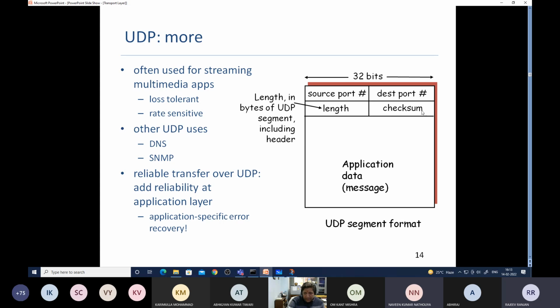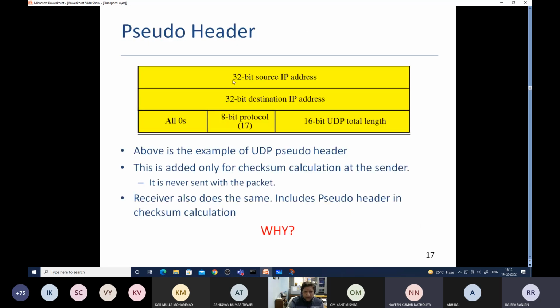But while we are calculating the checksum, we include these fields known as the pseudo header: 32-bit source IP, 32-bit destination IP, all zeros, 8-bit protocol, and 16-bit UDP total length.